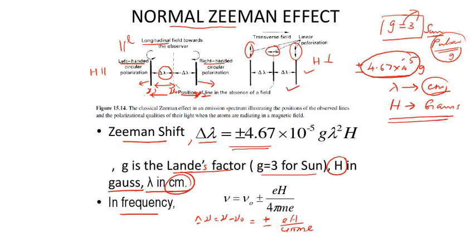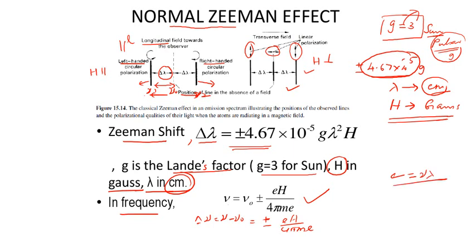If the problem is given in terms of frequency, you can use this equation, or, what I strongly suggest, convert it into wavelength by using the relation c equals nu lambda, which is applicable for any electromagnetic wave.